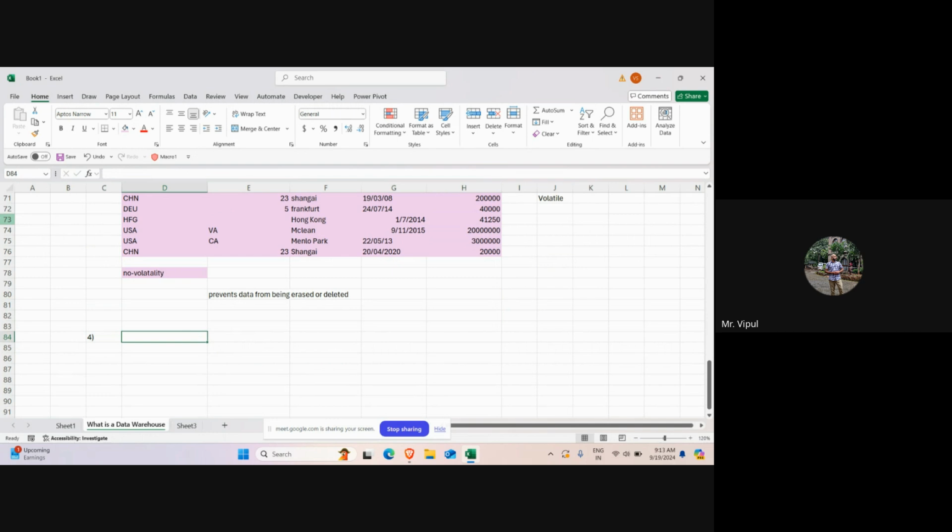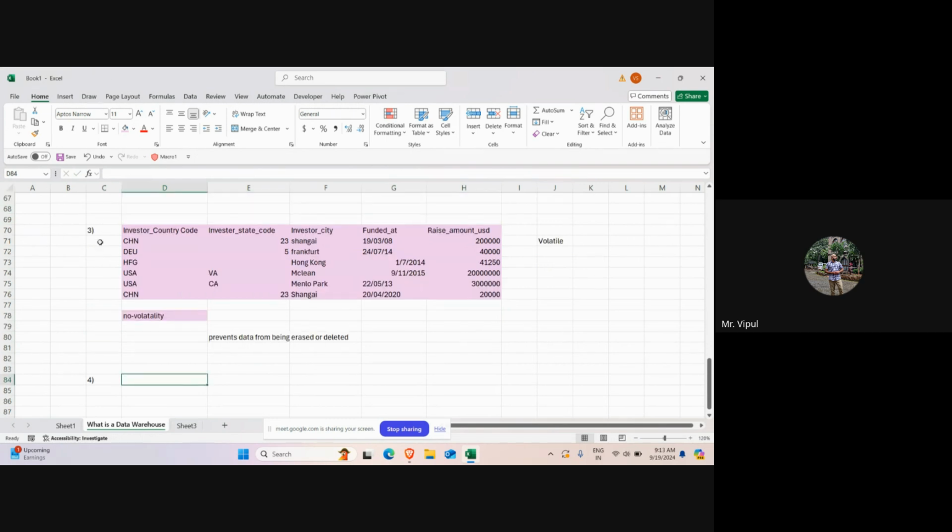Just think about it. In our investment data, we have an investor, let's say DT Capital, who has invested $40,000 in some company, and we are not allowed to fudge that number or change it. That is non-volatility for you.